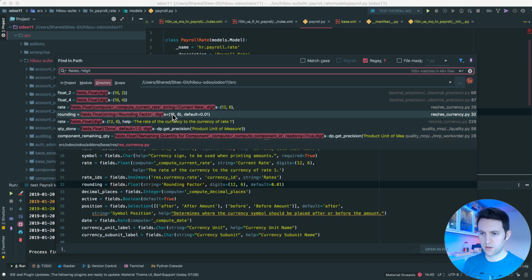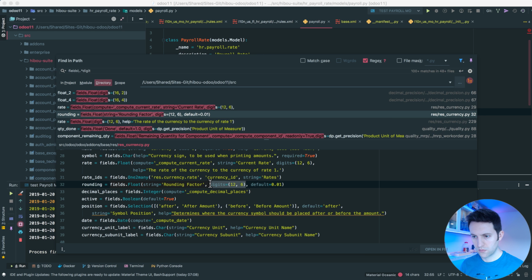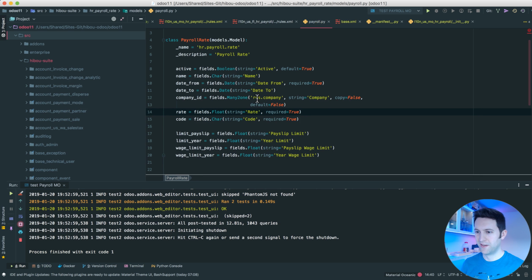So I'm gonna guess this is 12 total digits and then 6 decimal digits, which we could probably get away with something more like 10.6, but let's go ahead and do the 6 part. 12.6 is fine too. All right.